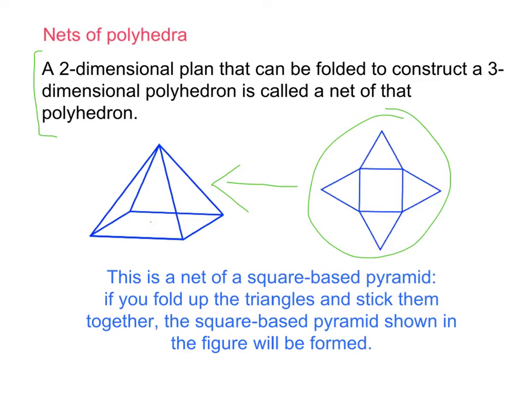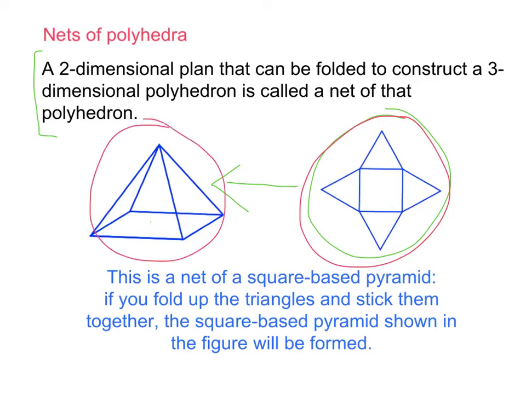As I've already written down here, guys, you need to be drawing these pictures, drawing this picture here, also drawing its comparative, and having a heading: net of a square-based pyramid.